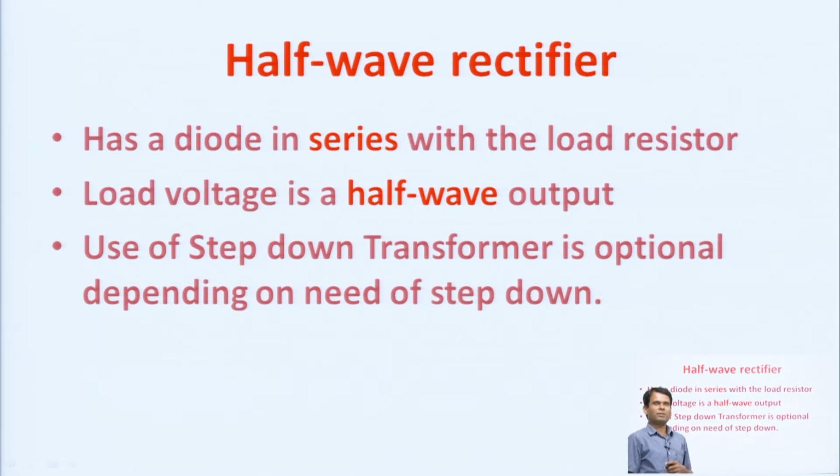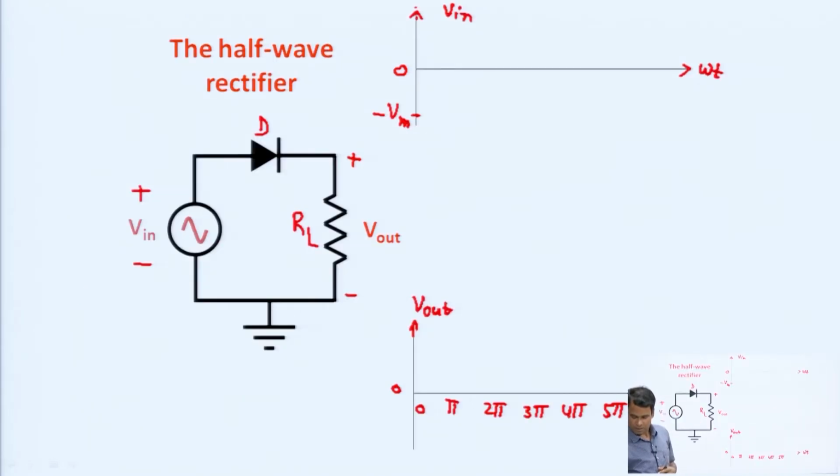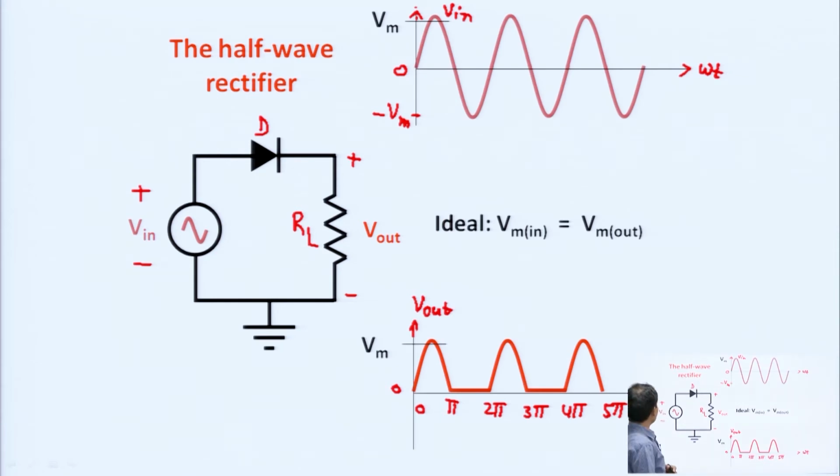In half wave rectifier, if we need to step down the voltage, then we must use a step down transformer. If we do not need to step down, then we can exempt the application of the step down transformer. Now, what is the circuit? This is the circuit of half wave rectifier.